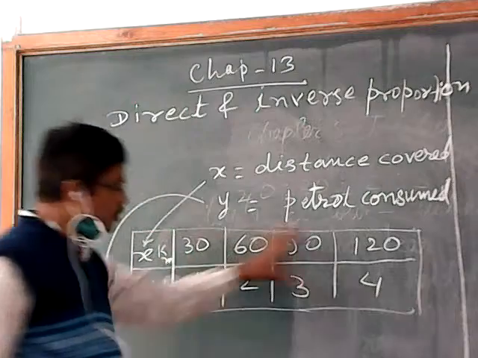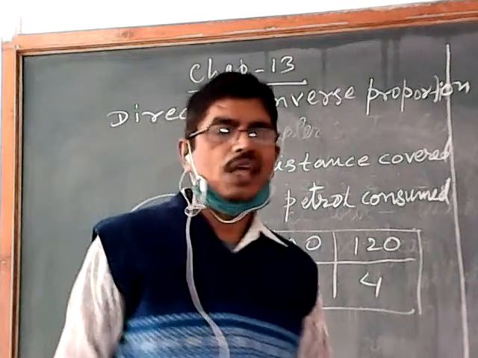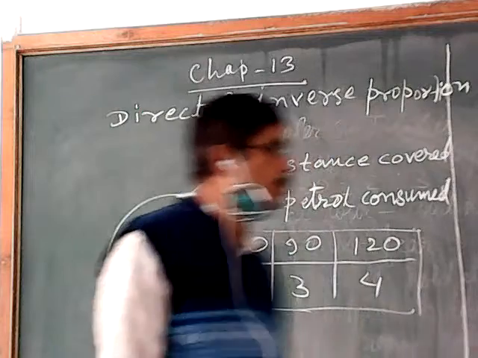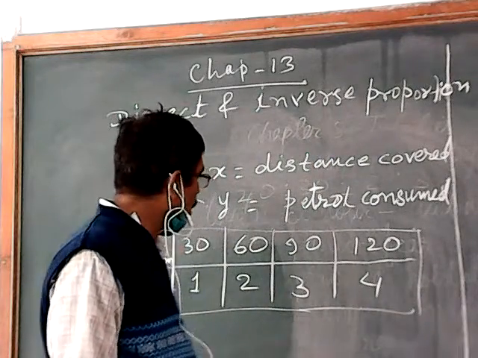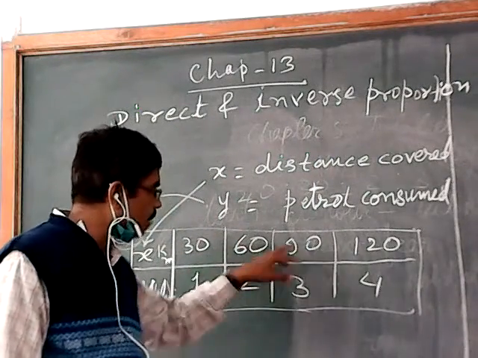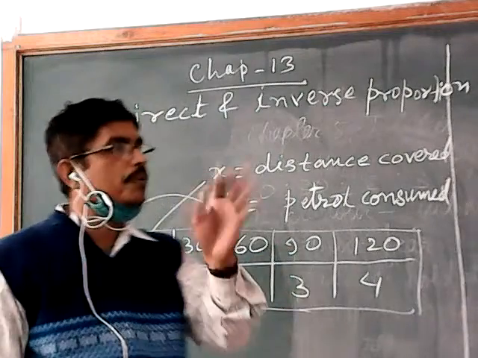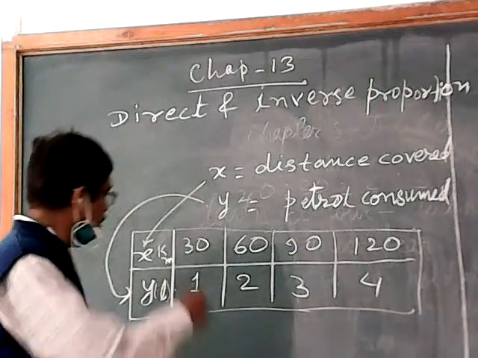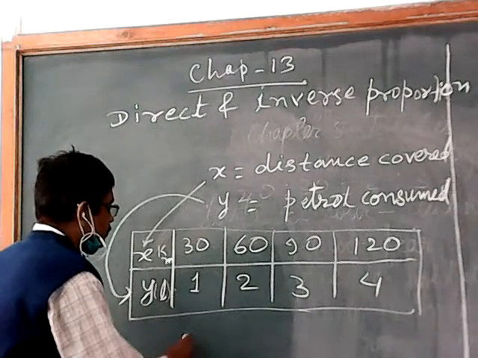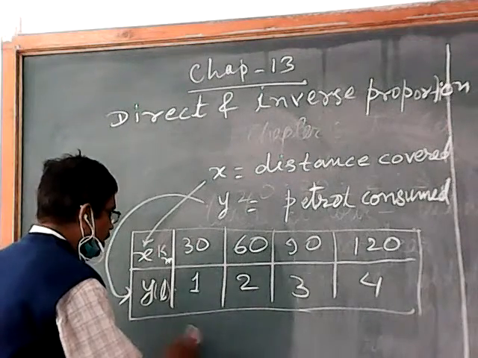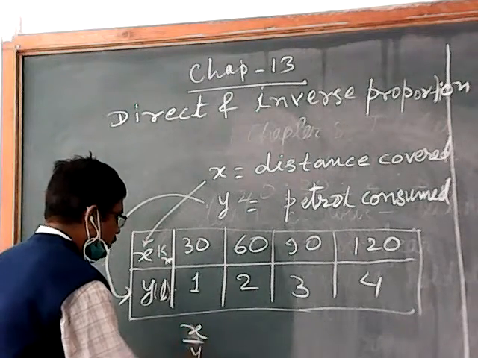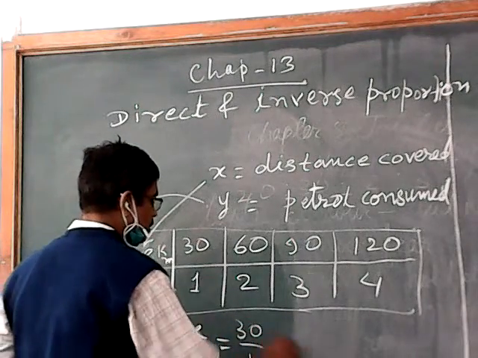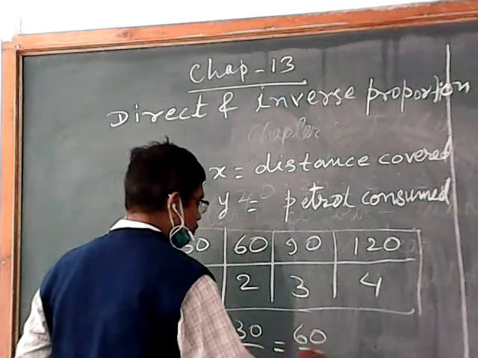So this data shows that the ratio is in direct proportion. I have told you the ratio. Always the ratio of these two will be a fixed quantity. See, you can see, if we say x by 1, let us see what happens. 30 by 1, like equivalent fractions.